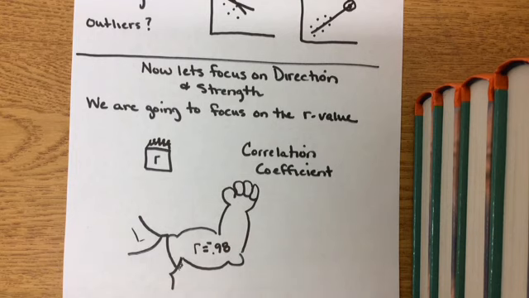But we'll get back to that in just a few lessons. So let's talk about the value of R. So again, R is a measure of strength, but it can also be a measure of direction. So let's look at this next one.